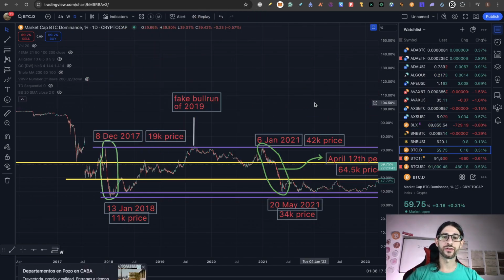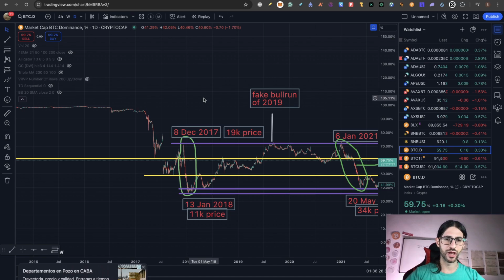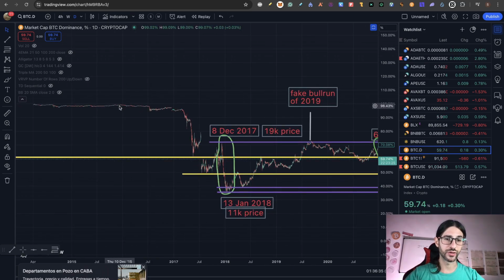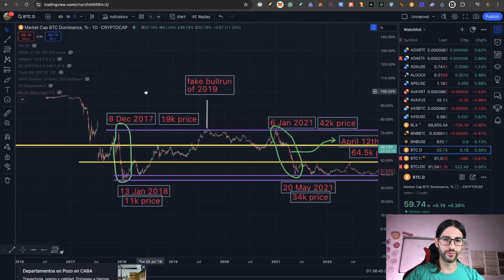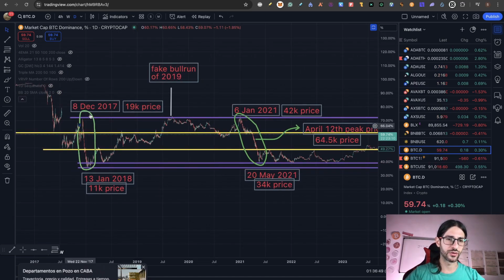So guys, this is the chart of the Bitcoin dominance that I want to show you. All the information before May 2017 is obsolete for us and doesn't apply, because at that time we only had a couple of altcoins and the Bitcoin dominance was almost over 96%. So the real information is only for the last two bull runs, the bull run of 2017 and the bull run of 2021.